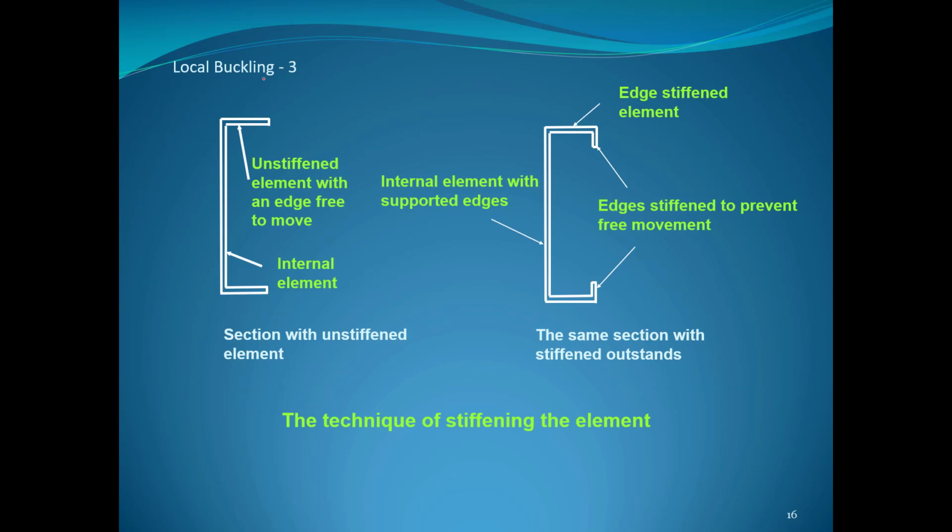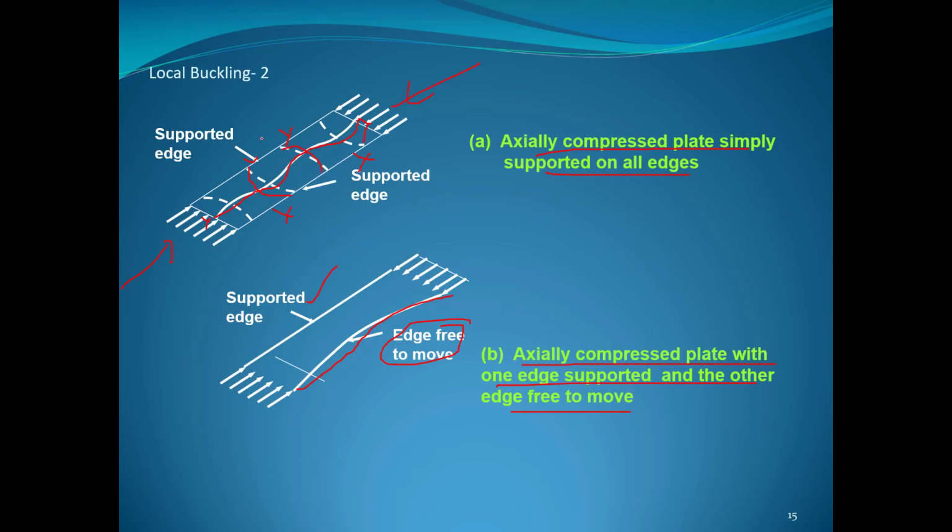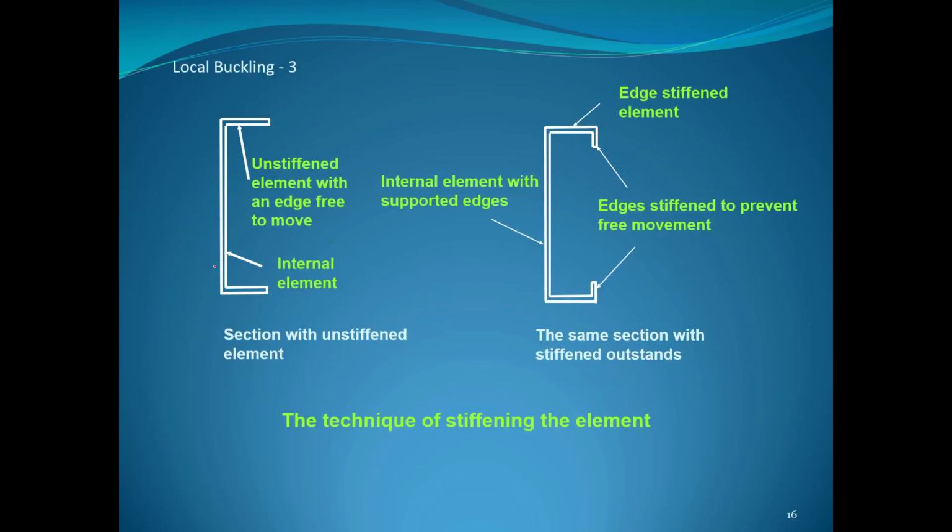And how to prevent local buckling? So we just saw the case of a flat plate, and when it comes to the channel section, we have the channel section like this, and upon the application of compressive stress onto this channel, each plate will be treated as an individual plate.